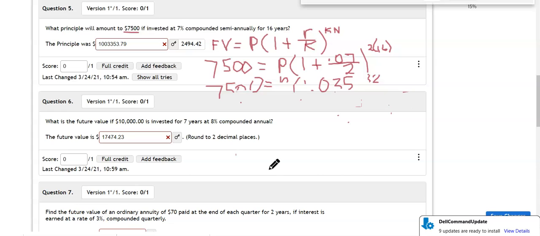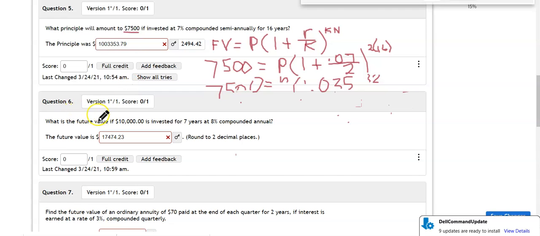All right, so number 6 is really a similar problem, except that this time we are given our principal. So what is the future value if $10,000 is invested for 7 years at 8% compounded annually? Okay, now, again, we're only investing one time, which leads us to this compound interest formula.